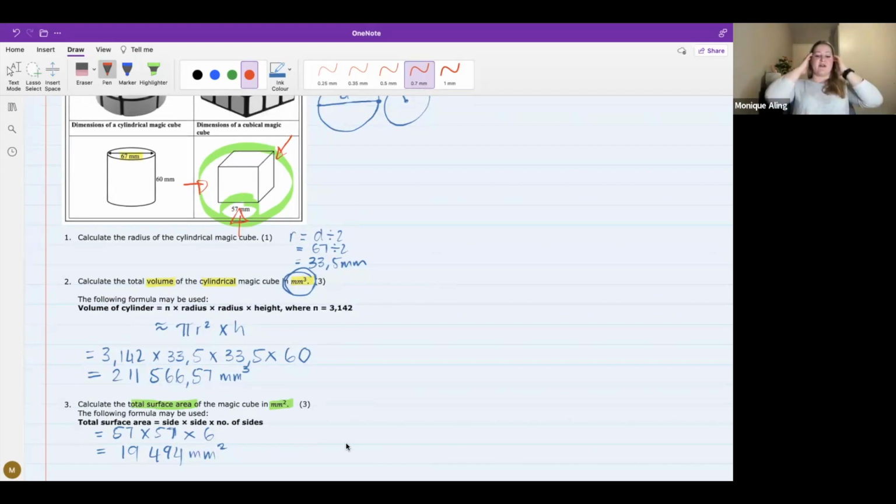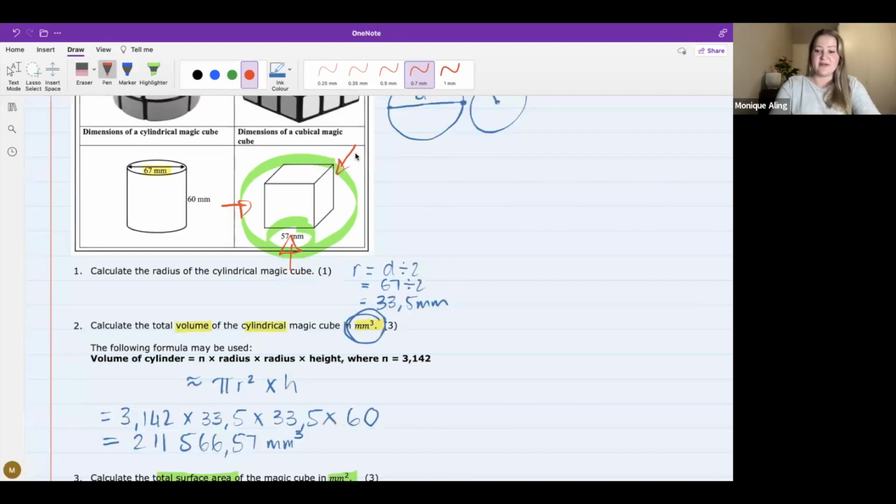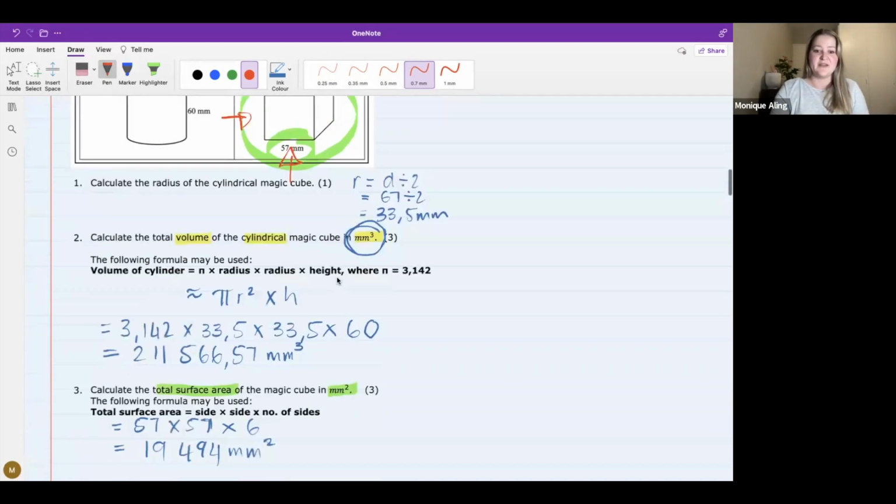Happy, thumbs up. Okay, great. It's very possible. This is from a past paper, so let's hope we get something like this. And as you can see, formulas were given, so you don't need to stress too much about that. And if they look different, just trust the examiner. They're not going to give you the wrong formula.